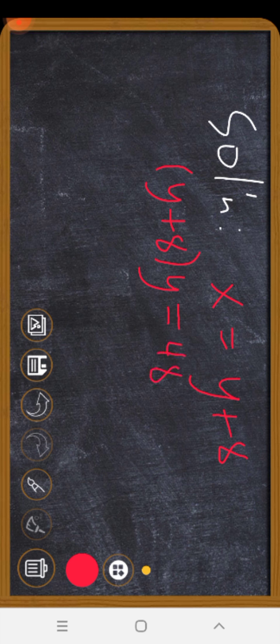This is our new equation coming from equations 1 and 2. From here we can find y because it's only one equation and one variable. Distributing y to the binomial, we get y squared plus 8y. Transposing 48 to the left side, we get negative 48 equal to 0.